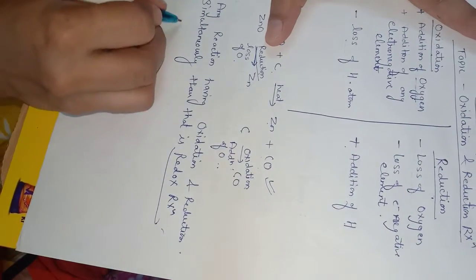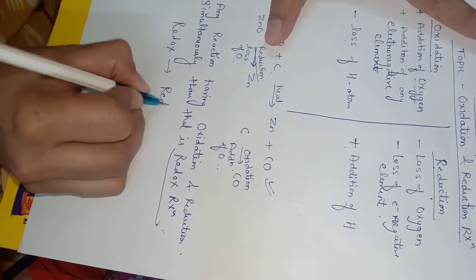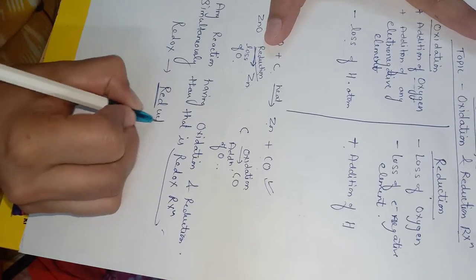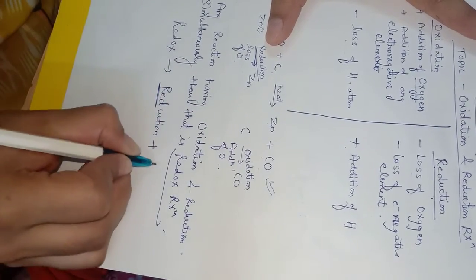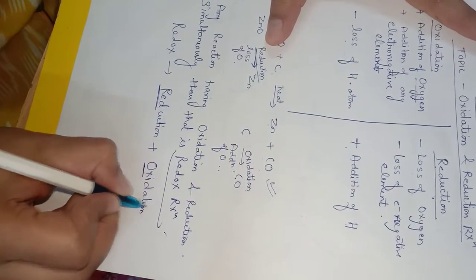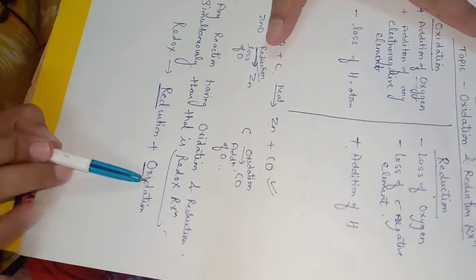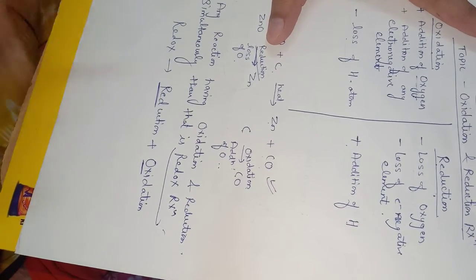Basically this word redox is a combination of these two: red from reduction and ox from oxidation. Obviously reduction plus oxidation gives redox reaction.